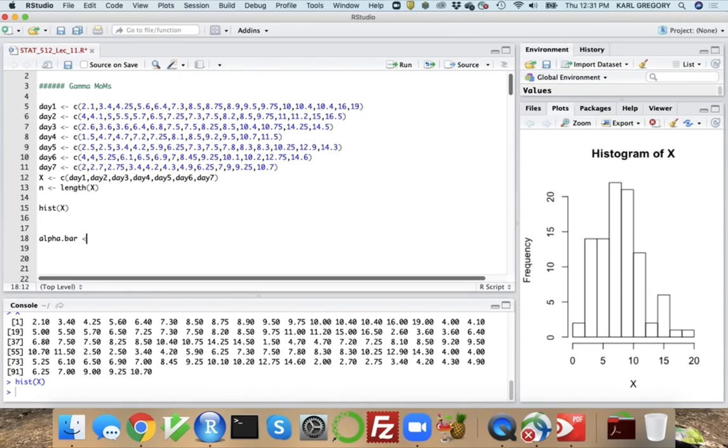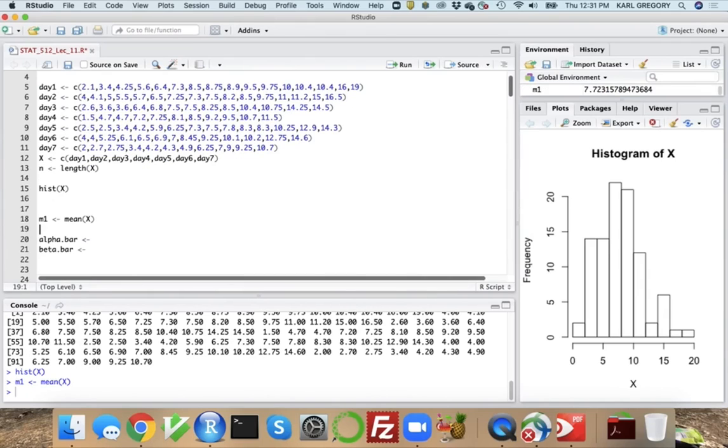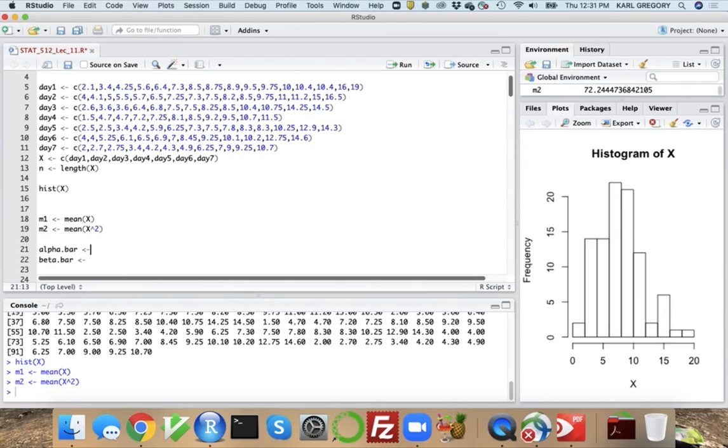Let's call the first one alpha bar and the second one beta bar. First, let's compute the sample moments. To get the first one, it's the mean of the x's. The second one is just the mean of the x squareds. My alpha bar was m1 squared over m2 minus m1 squared, using the expression where I left it as the m's.